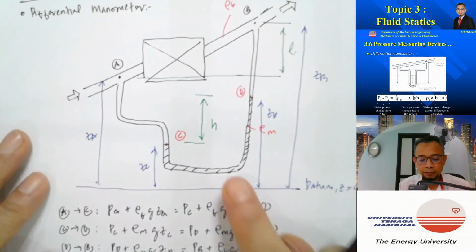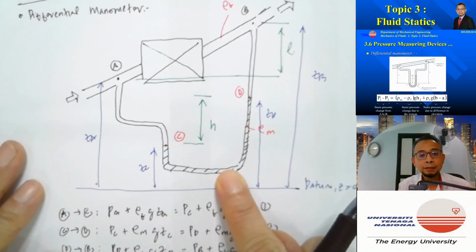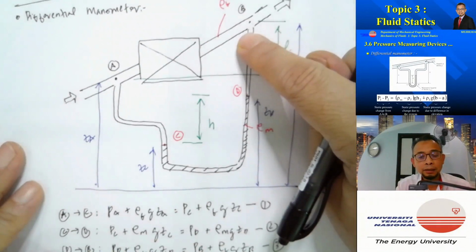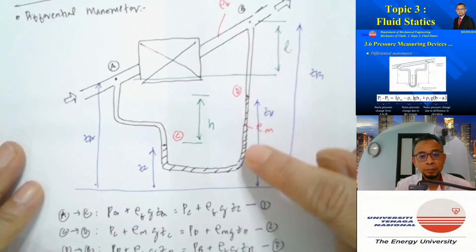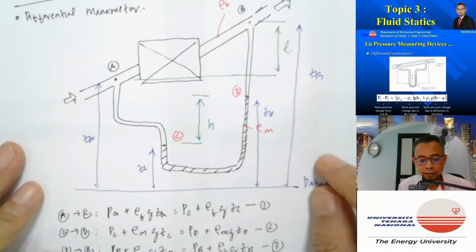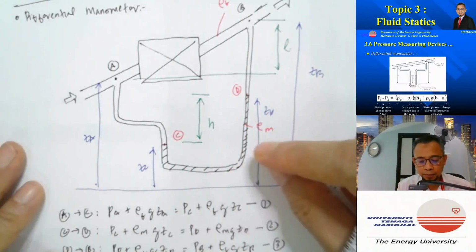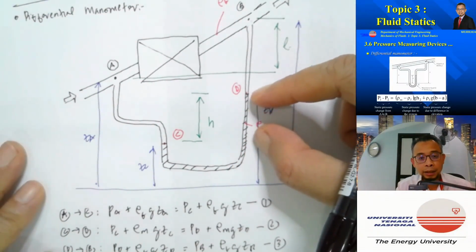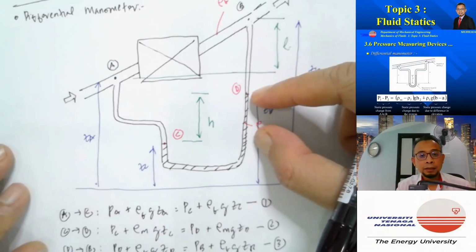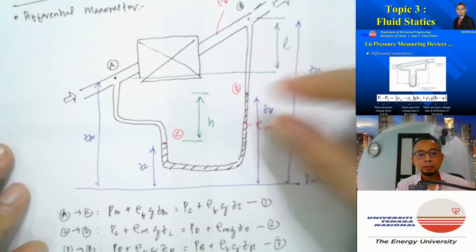So meaning that if the manometer fluid density is a lot bigger than the fluid density, for example, mercury and air, then the pressure difference between point A and B is just equal to rho M g h, where h is the deflections of the manometer fluid.